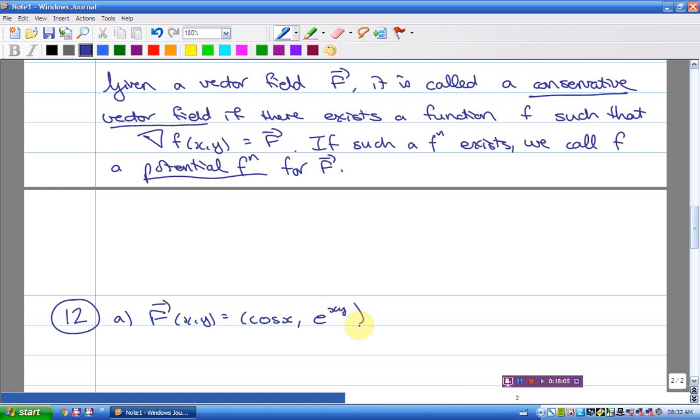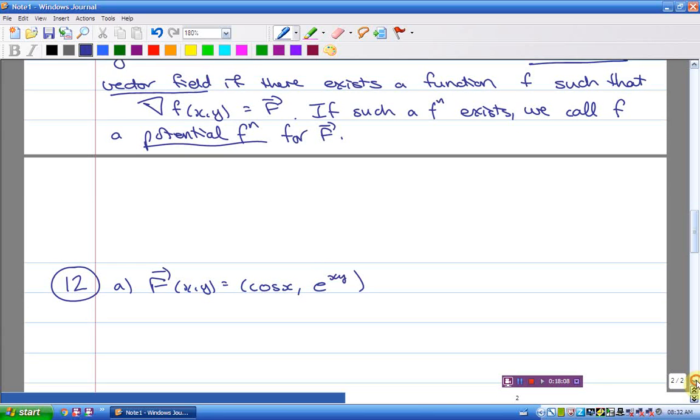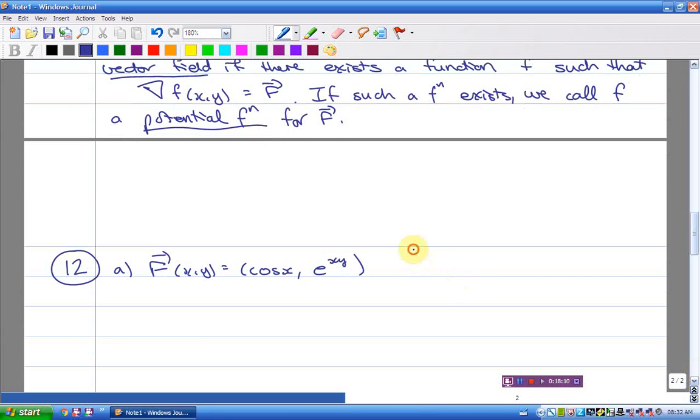So basically what you do is you ask yourself, does a little f exist such that the x derivative of f is cos x and the y derivative of little f is e to the xy? That's what we're asking. Is there such an animal that when I carry out those derivatives I get cos x and e to the xy? And the answer is going to be no. There is no little f that makes that happen.